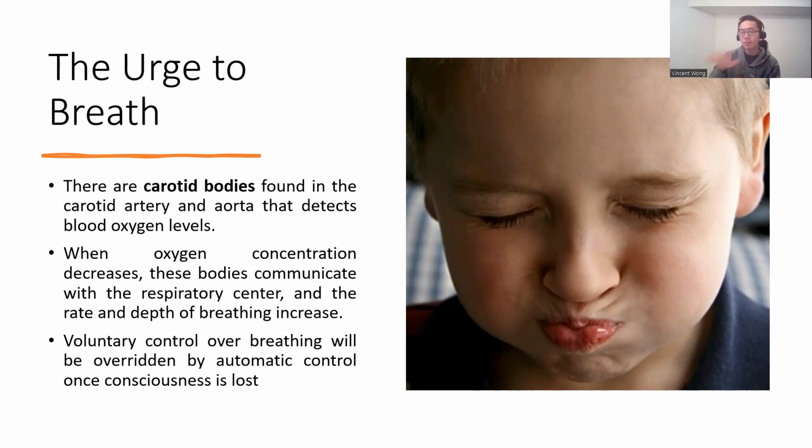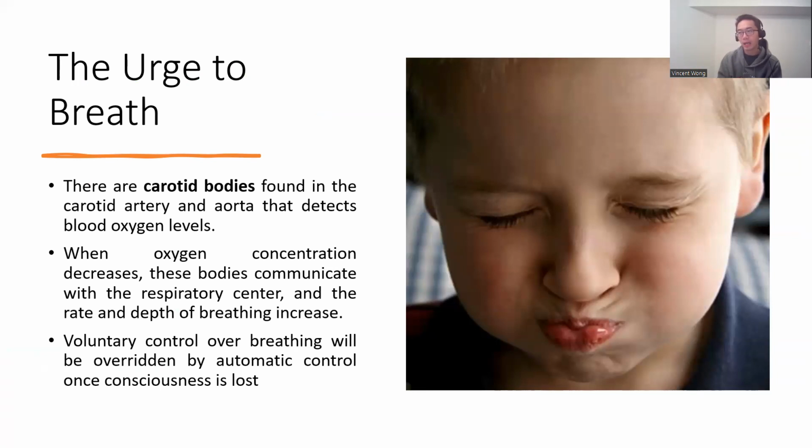Okay, in extreme cases where your medulla oblongata is not enough to trigger the breathing sufficiently, then the carotid body will kick in, and it increases the urgency, the need to breathe. Okay? So voluntary control can only suppress breathing as long as you're conscious. But there's going to be a point where you don't have enough oxygen and you just pass out, and the body automatically will resume breathing.